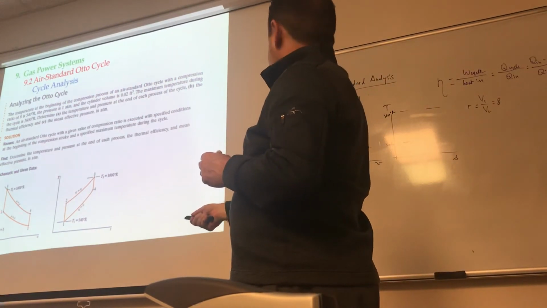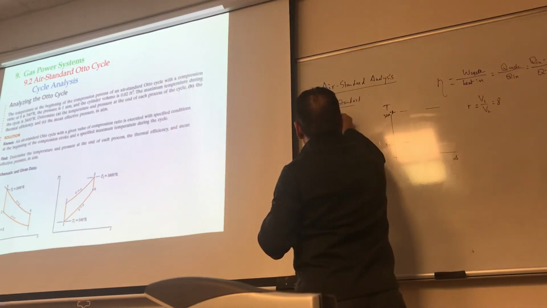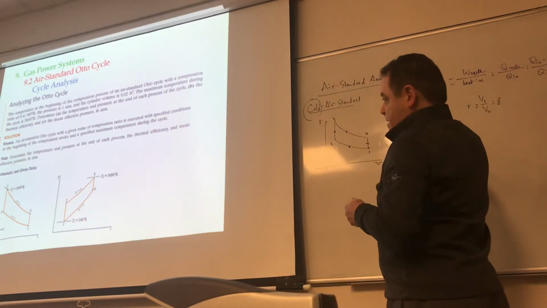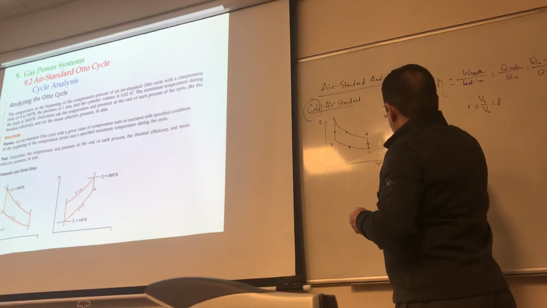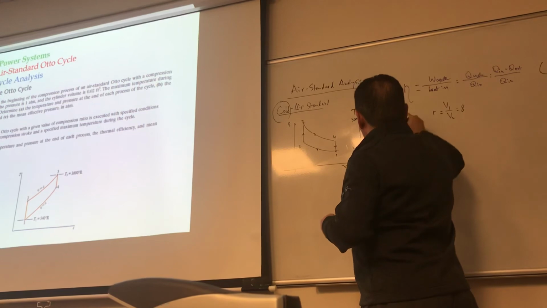So this is always 1, 2, 3, and 4, going in this fashion. But on a TS diagram, the 1 always starts from here. You go from 1, 2, 3, 4, like this.